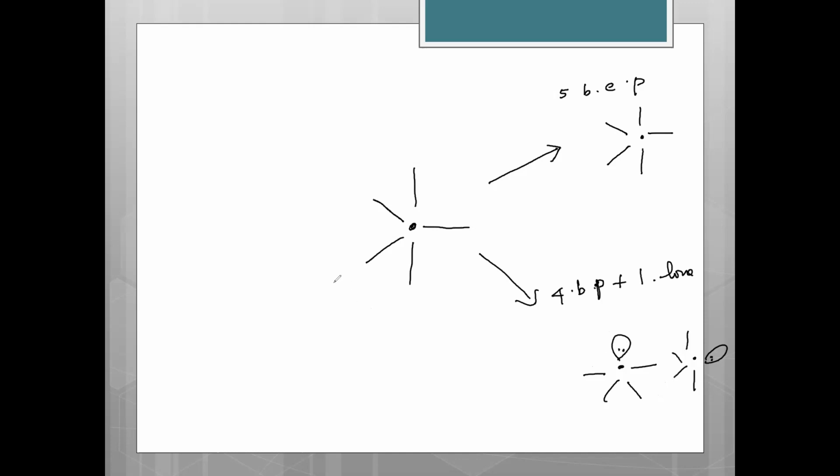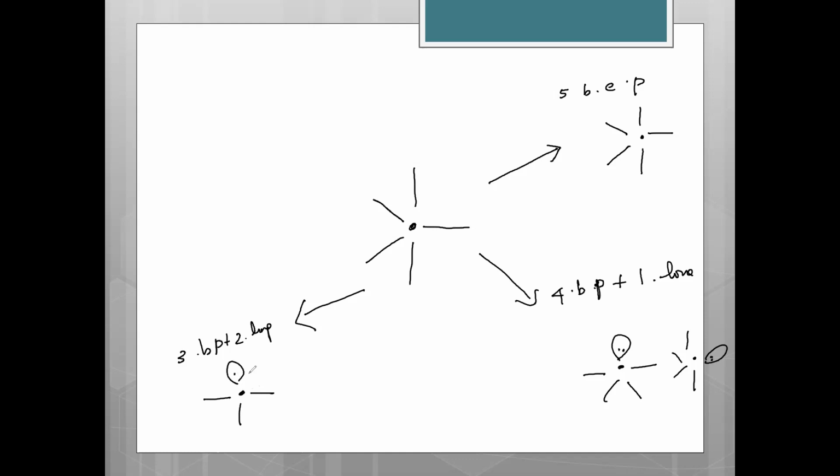Any shape, it doesn't matter. If three bonding pairs plus two lone pairs, the shape is T shape. You can draw this as T shape.